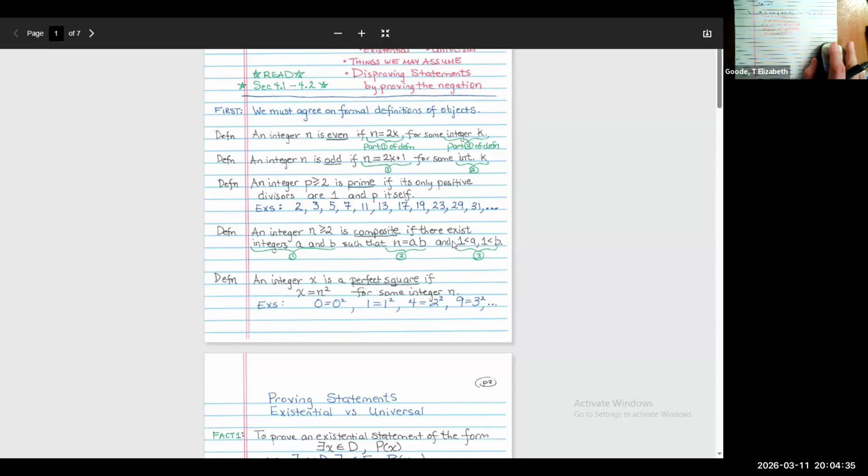so we can factor n into a product a times b, and both a and b are bigger than 1. So for example, think about 5. How can you factor 5 into a product of 2 integers? There's only one way to do it. It's almost a trick question. 1 and 5.